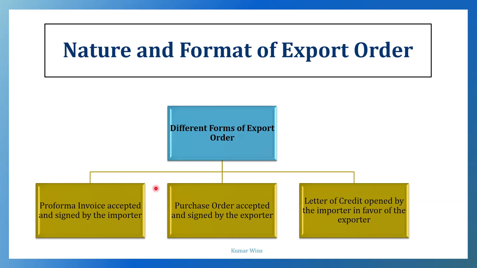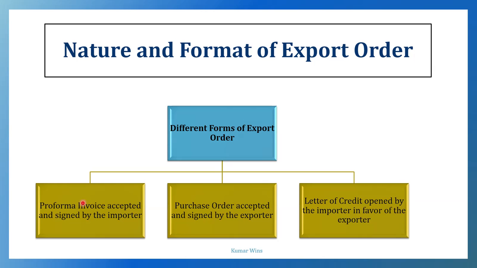When we talk about pro forma invoice, this pro forma invoice is prepared and sent by the exporter to the importer. And once the terms and conditions mentioned in the pro forma invoice are accepted, the importer returns a copy of the invoice to the exporter, which confirms that okay, I have accepted the pro forma invoice and the terms and conditions mentioned in it.